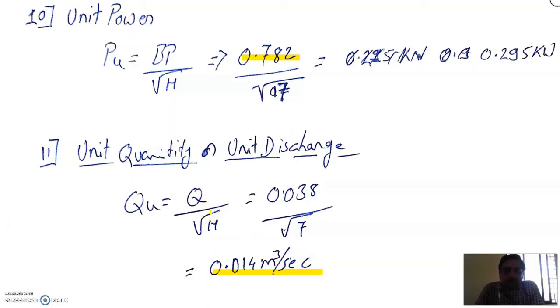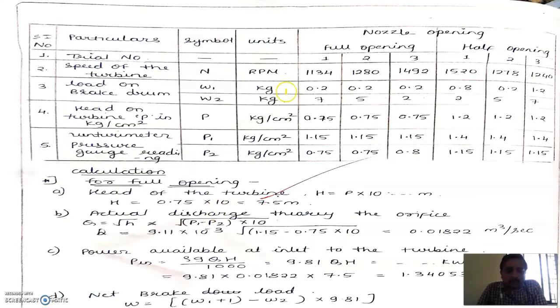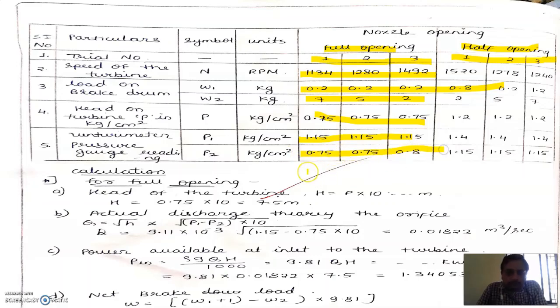In this way you need to calculate the various characteristics of the turbine. In the next half of the video, you can see a journal sheet which has recorded values for fully open and half open conditions. For 3 trials they have taken the RPM, the weight, W2, P1 and P2 values.